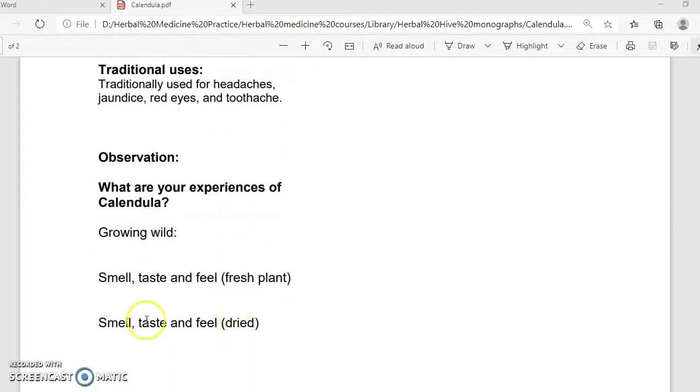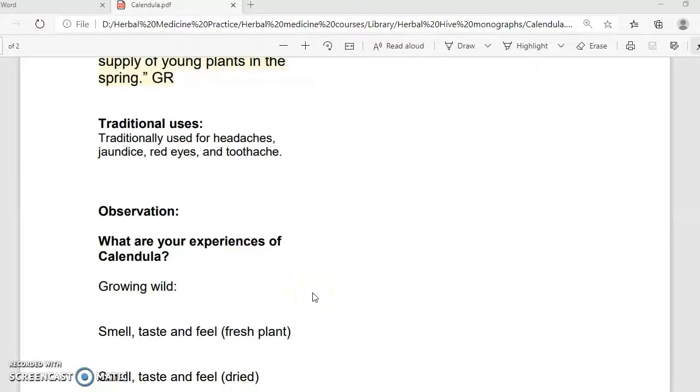I also have in my monographs a little section about your own experience, so that you can write, what did you find when you saw it growing? And what did you feel about it? What was the smell, taste, and feel of the fresh plant? And what was the smell, taste, and feel of a dry plant? So that you've got something. What is your own experience of that plant when you come across it?